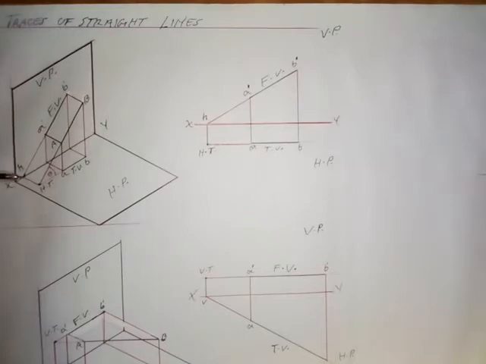Then if I produce this line AB in this direction, it meets the line that is perpendicular to XY line at this point. So this point here on this horizontal plane is the horizontal trace.